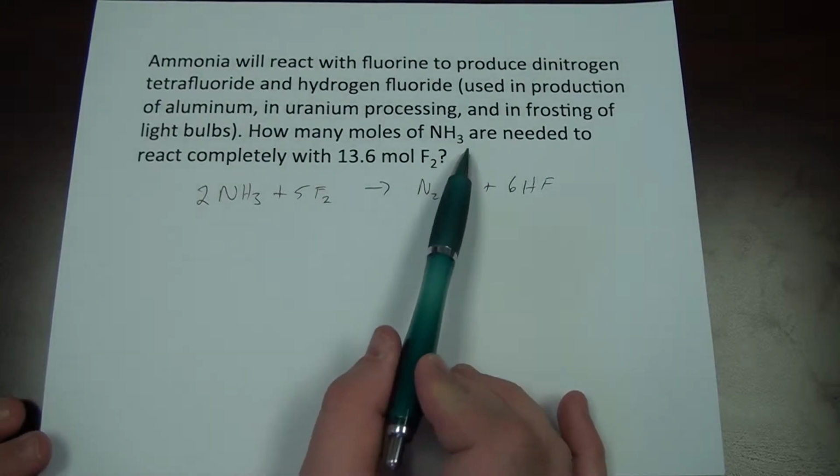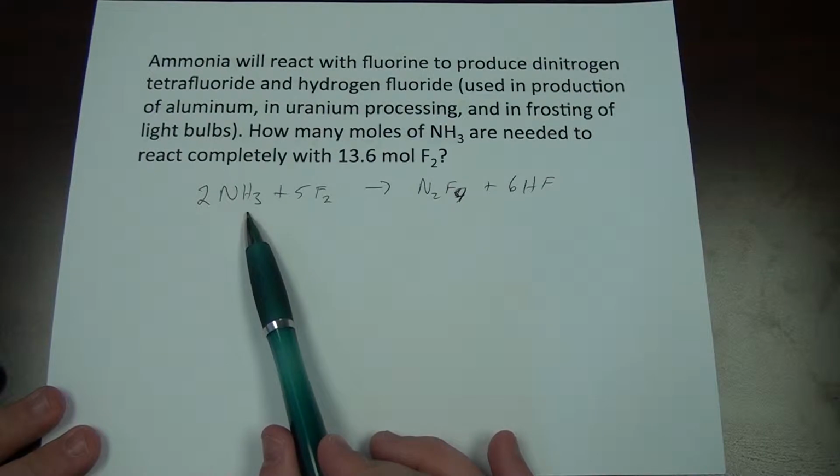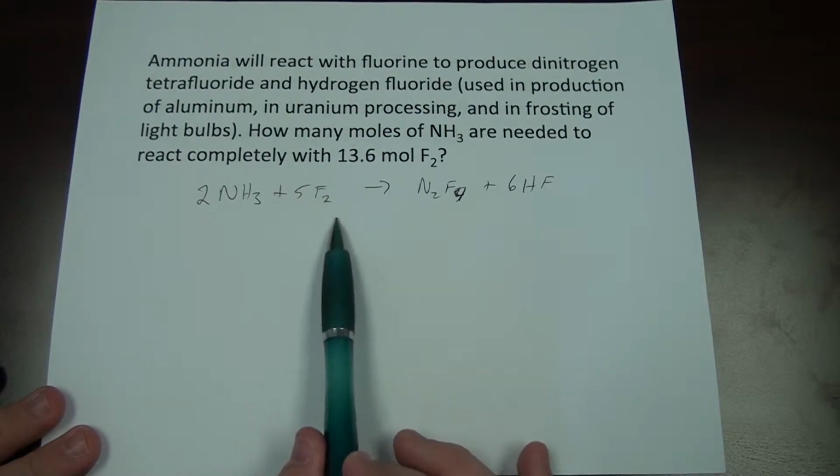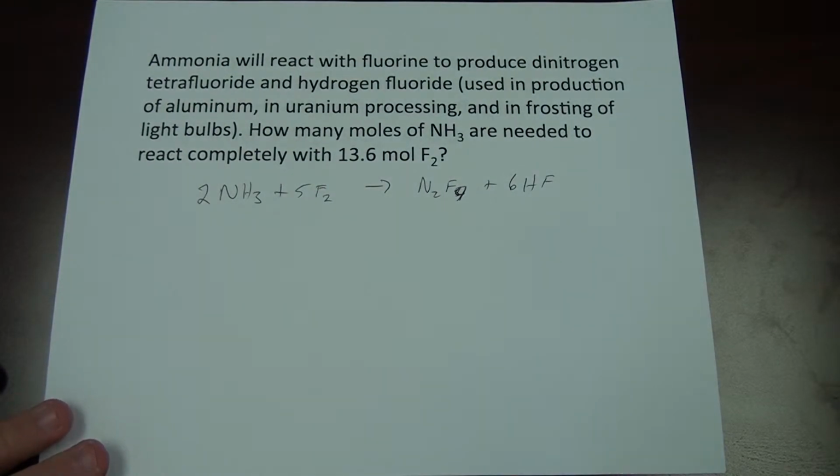Right? So that means for every 2 moles of ammonia we react, we will also have to have 5 moles of F2 present.